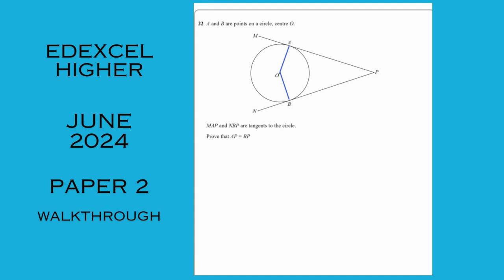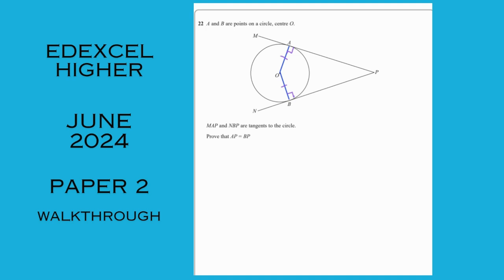So the first thing to point out is that the radii are equal. The second thing to point out, radius meets tangent at a right angle. So they definitely have an angle which is the same.